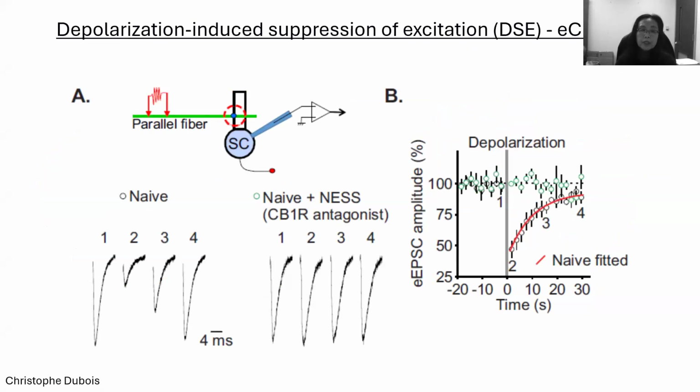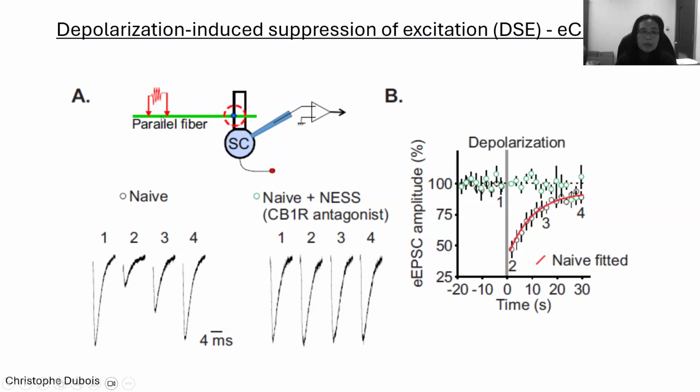To separate the production from the degradation, we use an approach called depolarization-induced suppression of excitation. We call it DSE. You can also measure depolarization-induced suppression of inhibition, which is called DSI. Using DSE as an example, here Chris patches stellate cells and stimulates the parallel fibers.